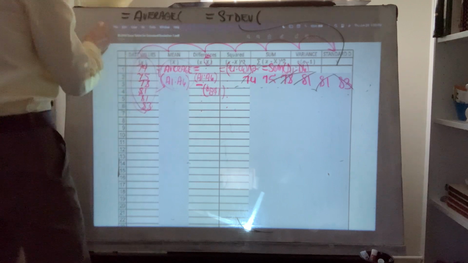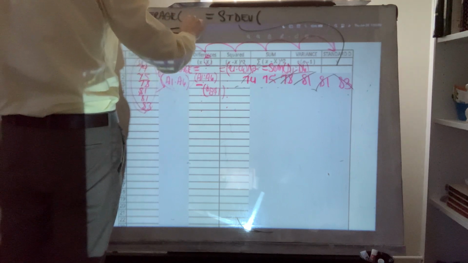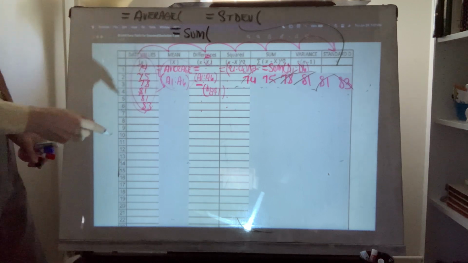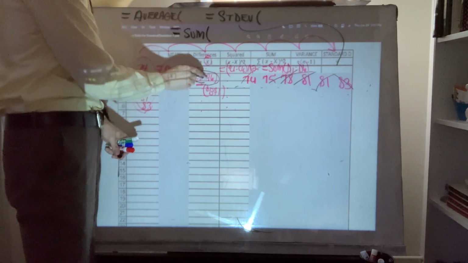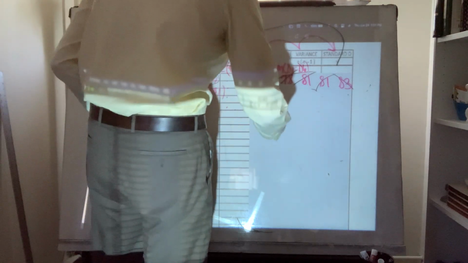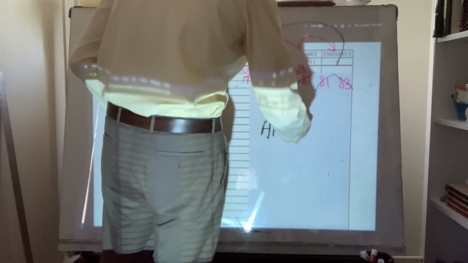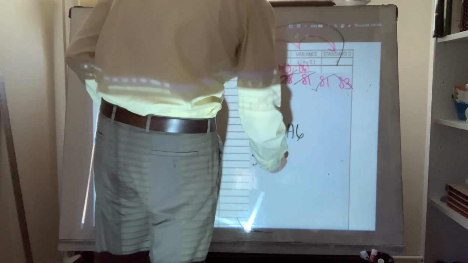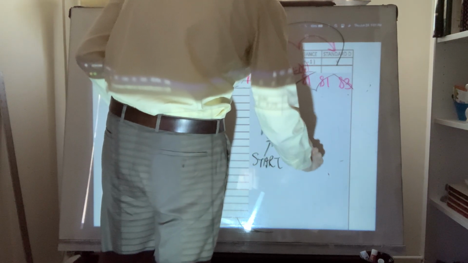SUM is another one. The only thing that you have to get used to with Excel is that you're using coordinates separated by a colon, all right? This would be the start, and this would be the finish location.